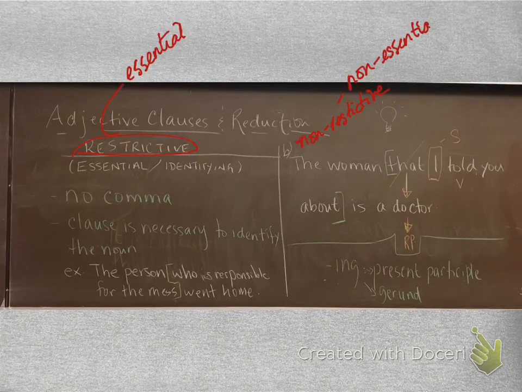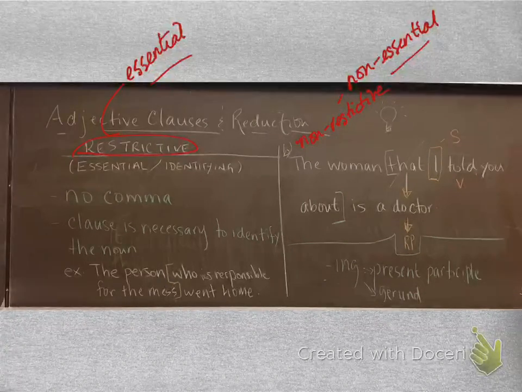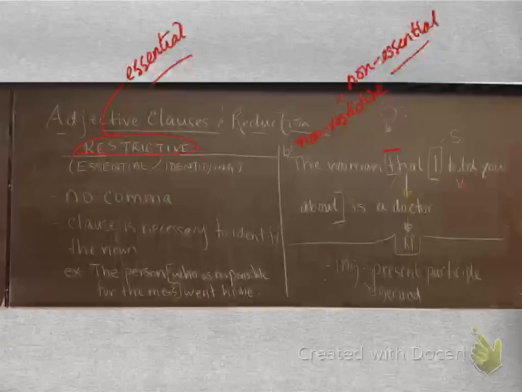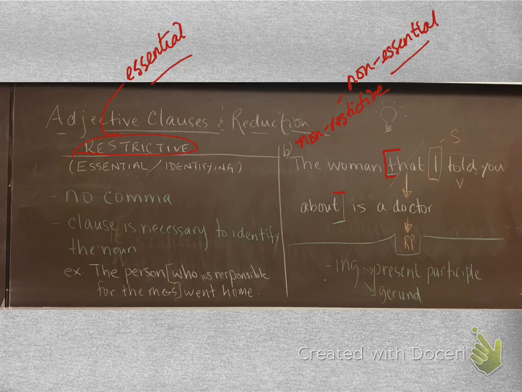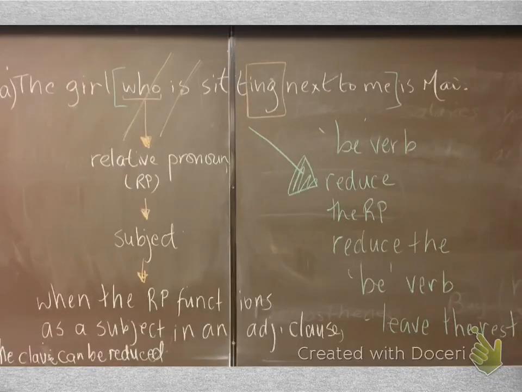I don't know why in English grammar we have to have so many words that mean the same thing, but those two do. Okay. So remember that the first thing you want to do when you're looking at the rules of reduction is identify where in your sentence the adjective clause is. That's the first task. If we look back at this one we looked at in class, we identify where it is.